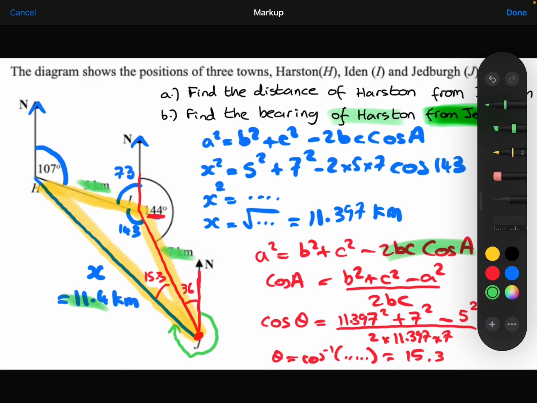So to get my bearing then, I'm going to do 360 minus the 36 minus the 15.3, and that tells me that my bearing of Harston from Jedburgh is 308.7 degrees to 1 decimal place.